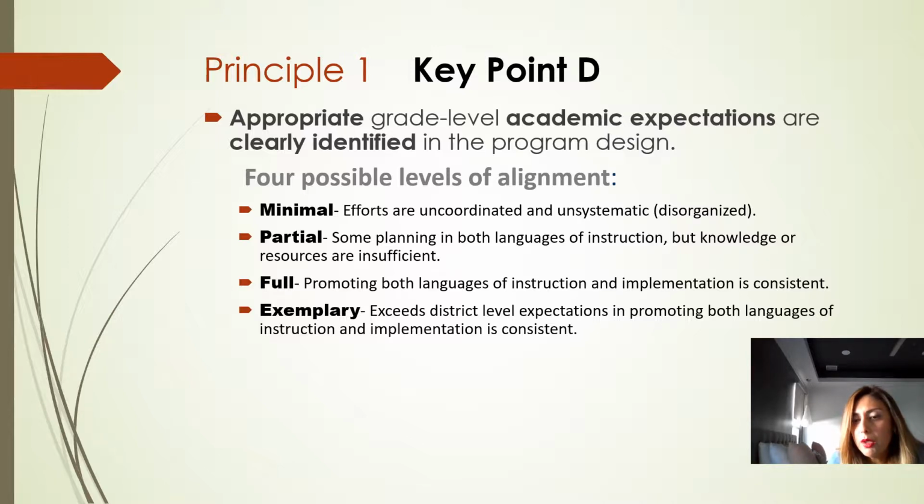If it's partial, there is some planning in both languages of instruction, but the knowledge or the resources are insufficient. At full, it is promoting both languages of instruction and implementation is consistent. But if you've reached exemplary, it means that it exceeds the district level. The expectations in promoting both languages of instruction and implementation are consistent at this level.